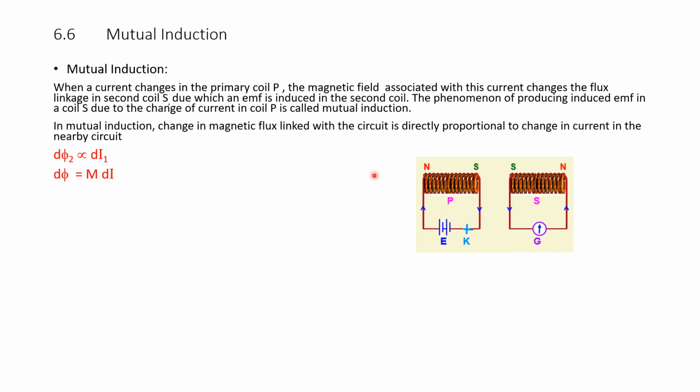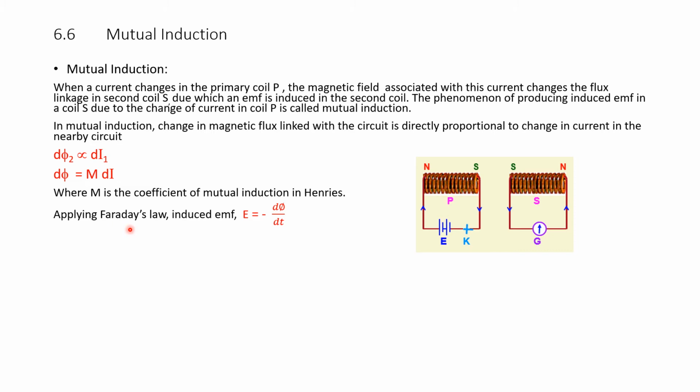Eliminating the constant of proportionality and substituting a constant M, the equation becomes d phi = M dI, where M is the coefficient of mutual induction, and its unit is Henrys.